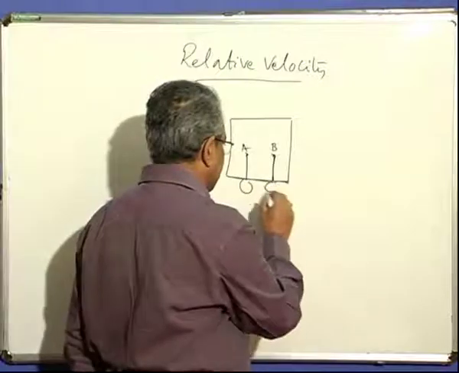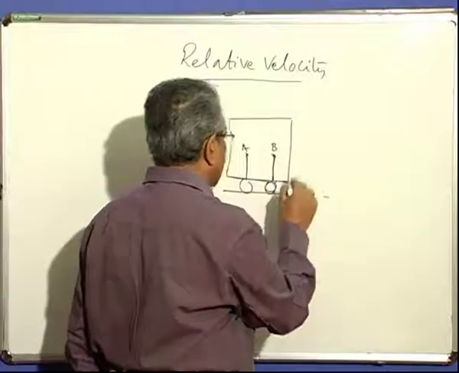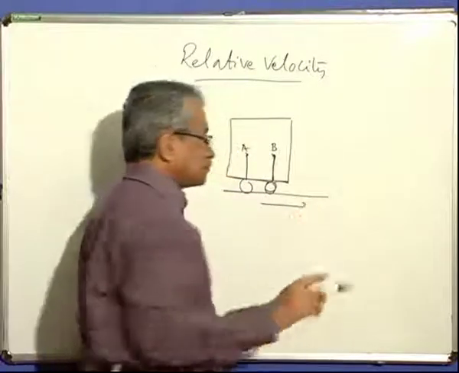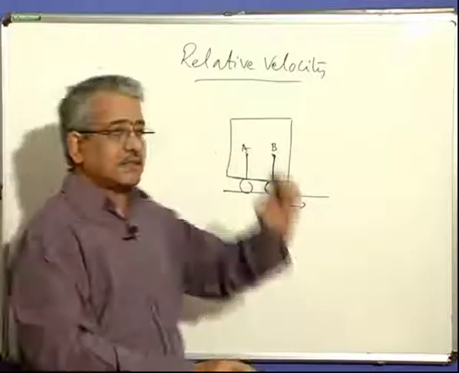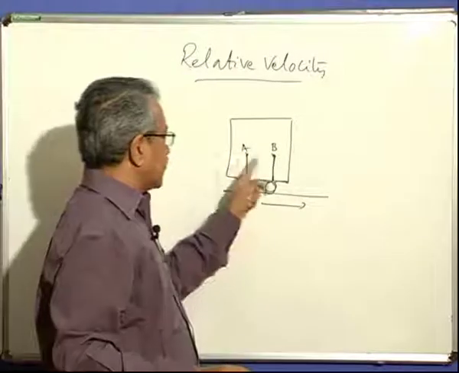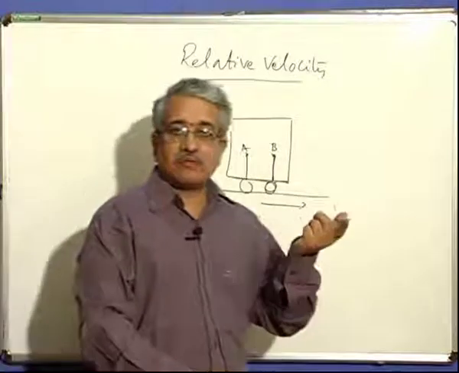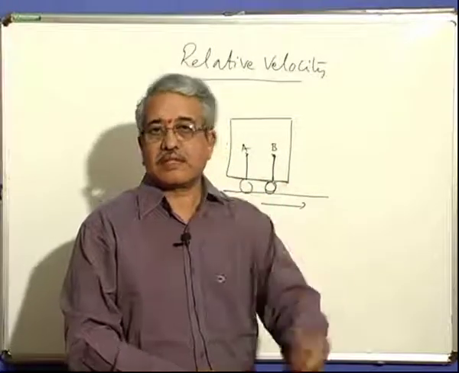Suppose it is a compartment which is moving on the rails in a direction like this. Even then they will say the same thing. Both of them say that we are with respect to each other at rest.